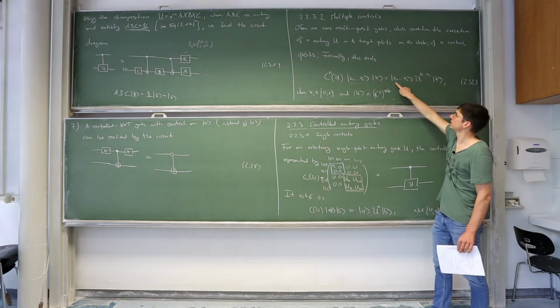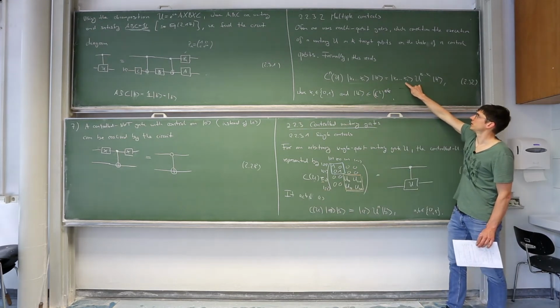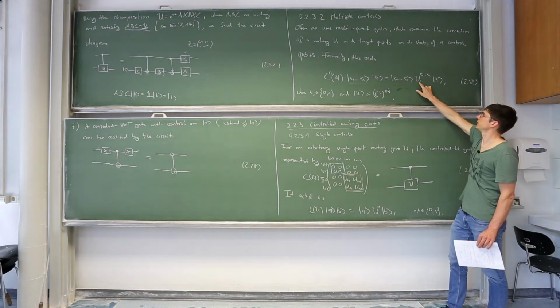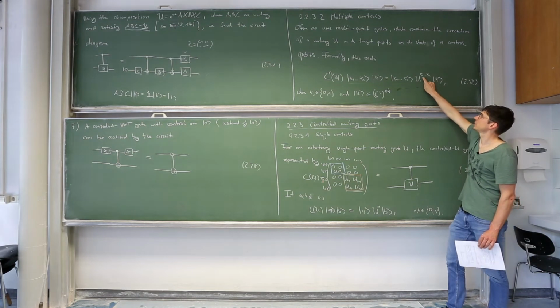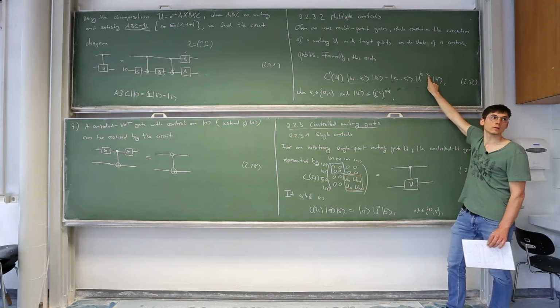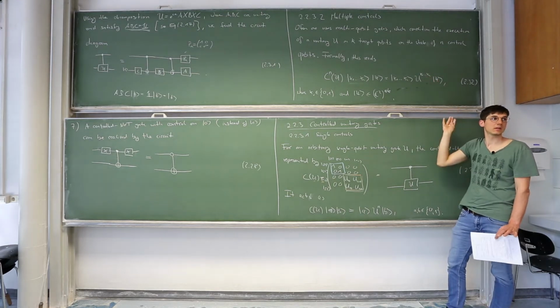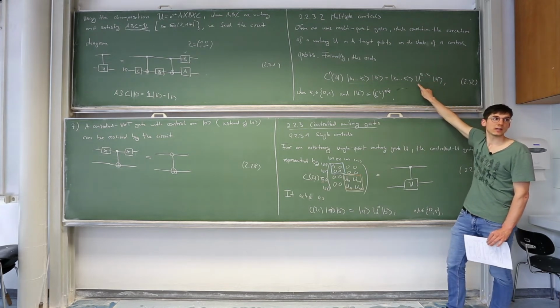And then if this controlled unitary acts, the control qubits remain unaffected, and the unitary acts on our target qubits, but it only acts if all the control qubits are 1. So if there is a single control qubit that is 0, then we have U to the power of 0 and nothing happens. Only if all control qubits are 1, then this unitary can act.